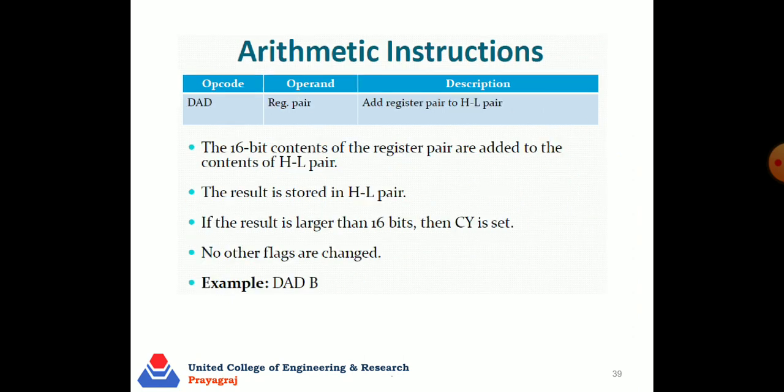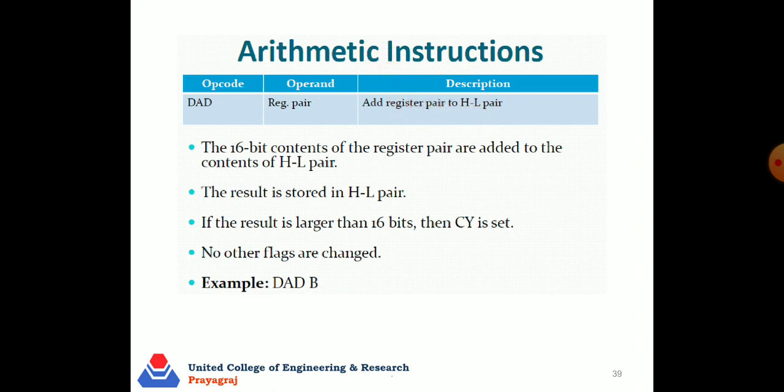Next is DAD. It is a different instruction. DAD is used for 16-bit addition. Here the operand is a register pair, and the meaning of this instruction is add register pair to HL pair.